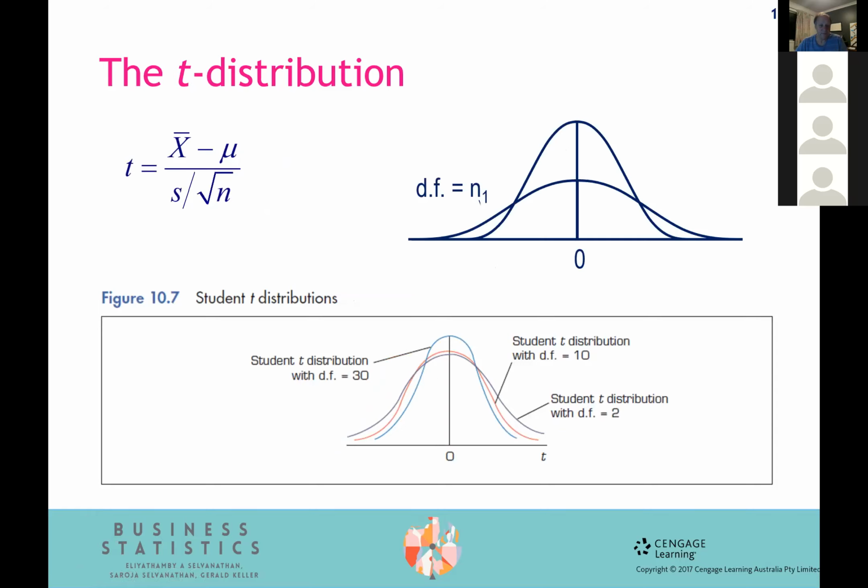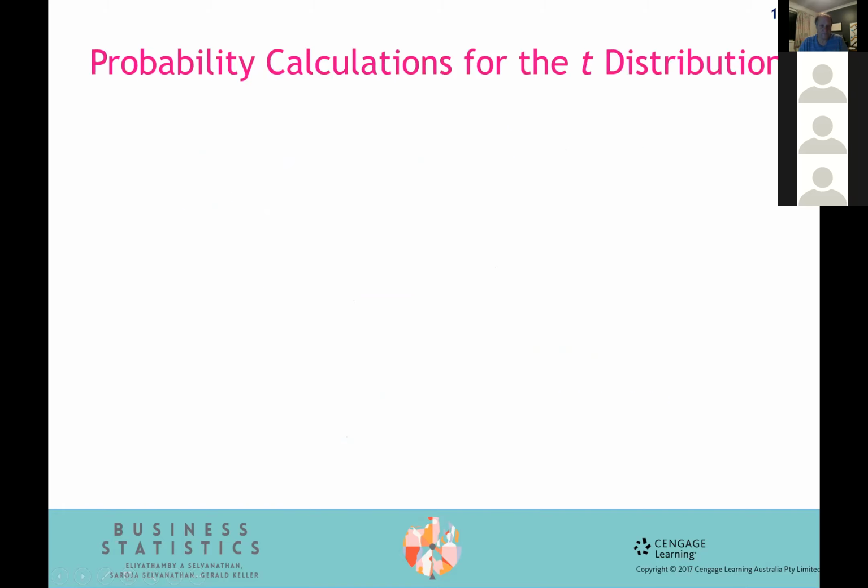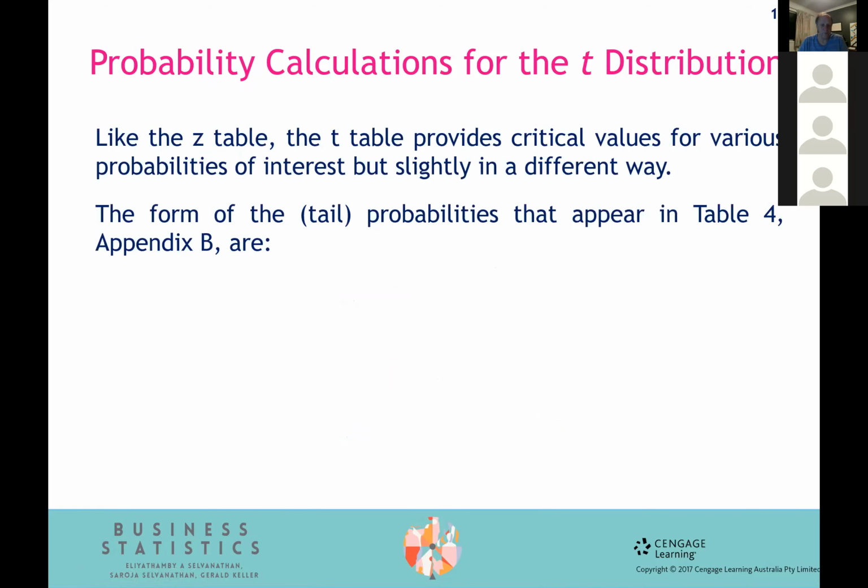There's the T distribution, and there's something that they have to define. It's called the degrees of freedom. Okay, so in your book is a T table, but we're going to use Excel, and it does all the T stuff for you.